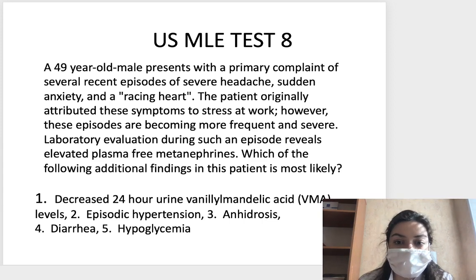Which of the following additional findings in the patient is most likely? First one, decreased 24-hour urine vanillylmandelic acid levels. Second option, episodic hypertension. Third one, anhidrosis. Fourth, diarrhea. And last one, hypoglycemia. I'm waiting for the answers.